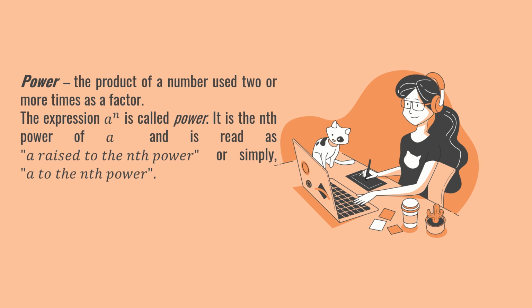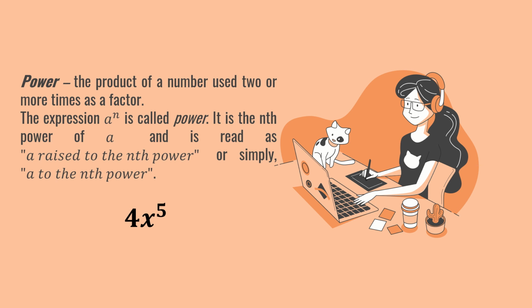It is the nth power of a and is read as a raised to the nth power or simply a to the nth power. So we have here 4x raised to the power of 5, or 4x to the power of 5.